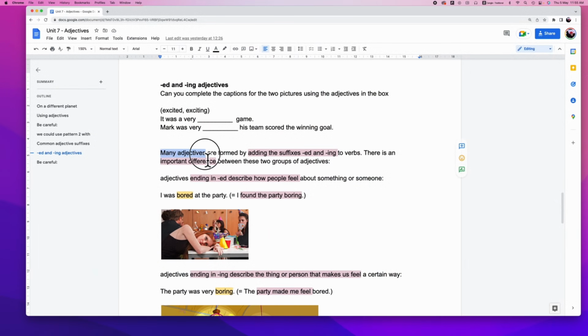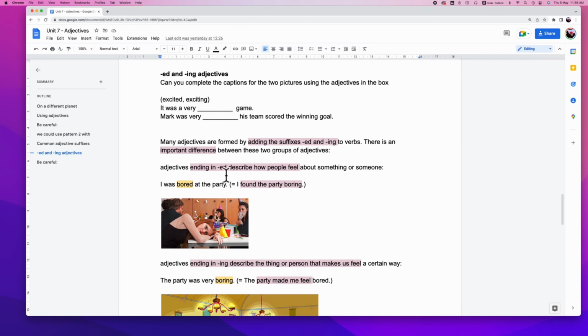Many adjectives are formed by adding the suffixes ed and ing, which means they end with ed or ing, to verbs, to make them become adjectives. However, the most important thing is, what's the difference between these two groups of adjectives?